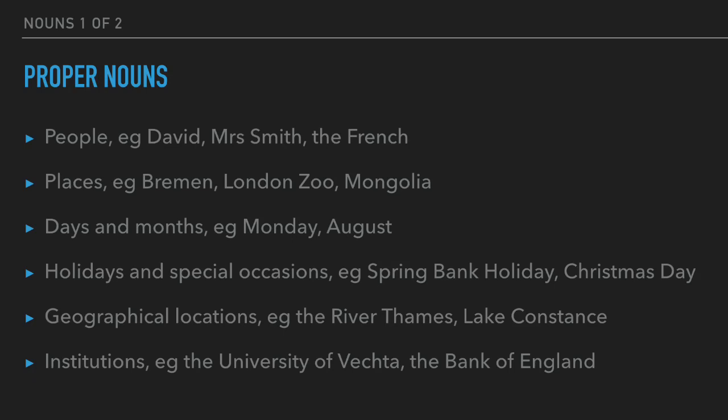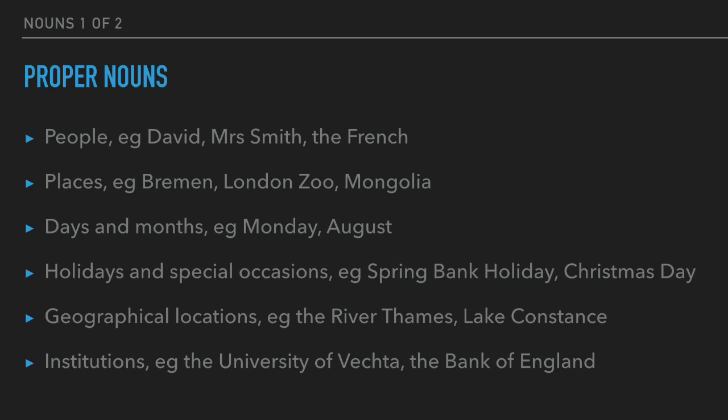Notice if we just talk about seasons, spring, summer, autumn or fall in America, and winter, we wouldn't normally capitalize them if they're just being used generically and not as part of the name of something. Christmas Day, okay, so the D is also capitalized.